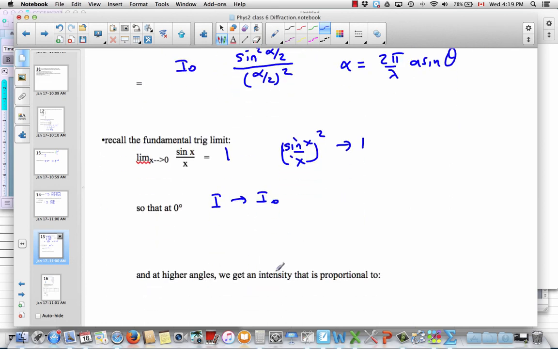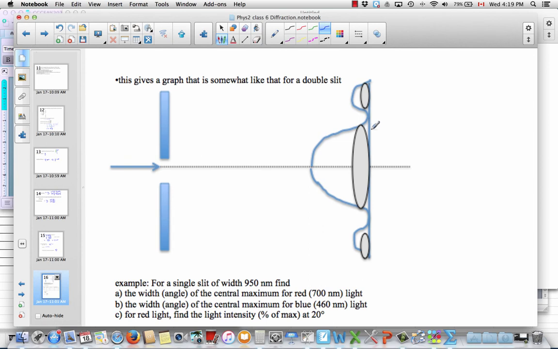And we notice as well that at higher angles our intensity looks something like sine squared of this alpha term over alpha squared. And so if we wanted to graph that, it's kind of like sine x squared over x squared. So what does that function look like? Let's try and visualize that. So it ends up sort of being like a double slit intensity, except these peaks drop off.